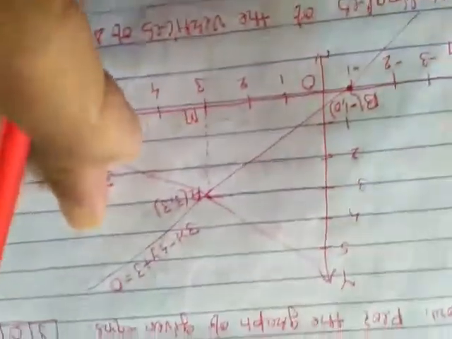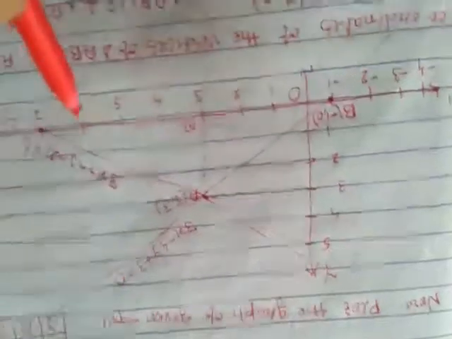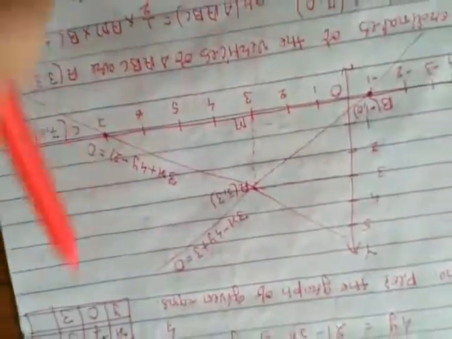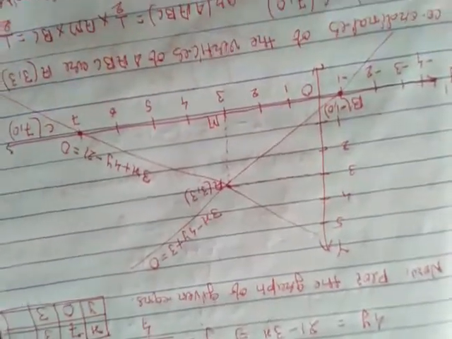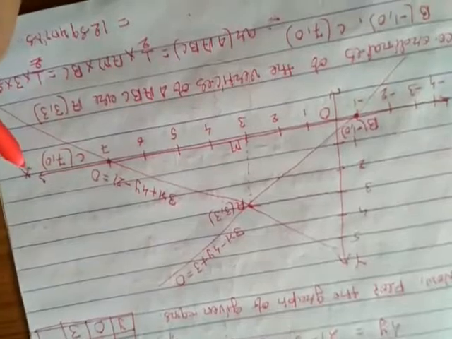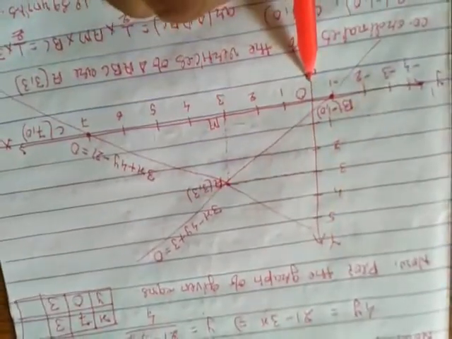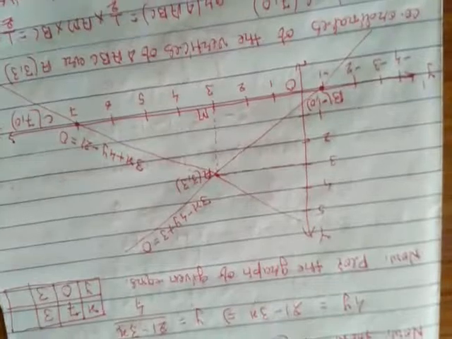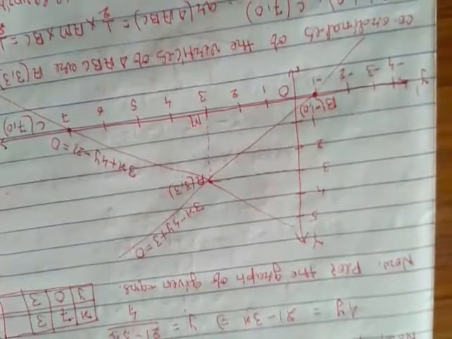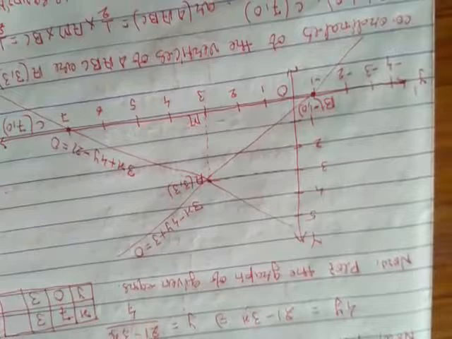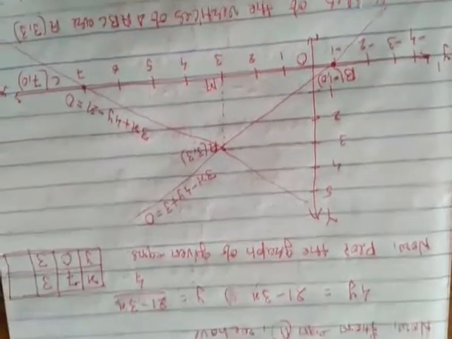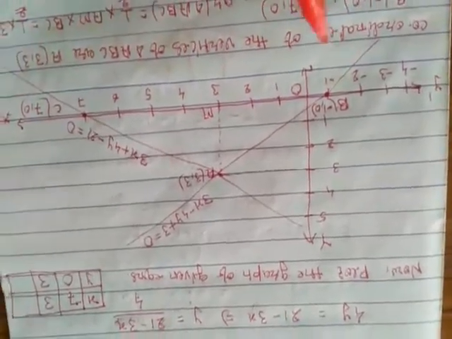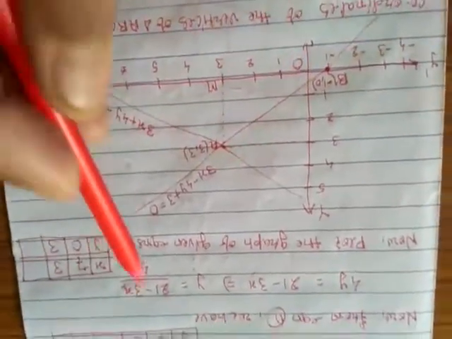Now students, plot these points on graph paper. You have to use graph paper for plotting these points. So we draw two axes. One horizontal axis is the x-axis and the vertical axis is the y-axis. So when we plot the graph, our first coordinate from the table of equation 1 is minus 1, 0.